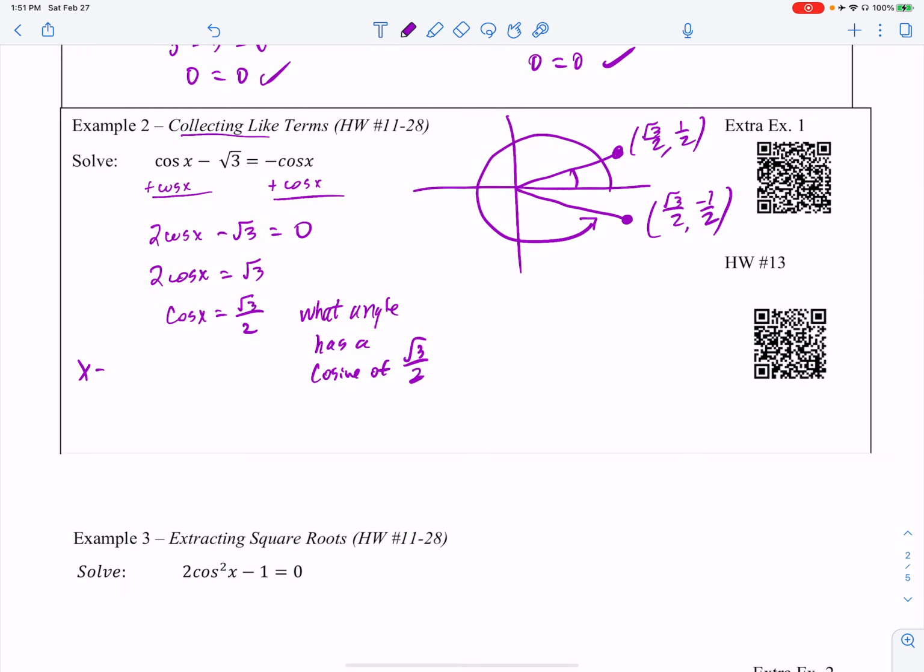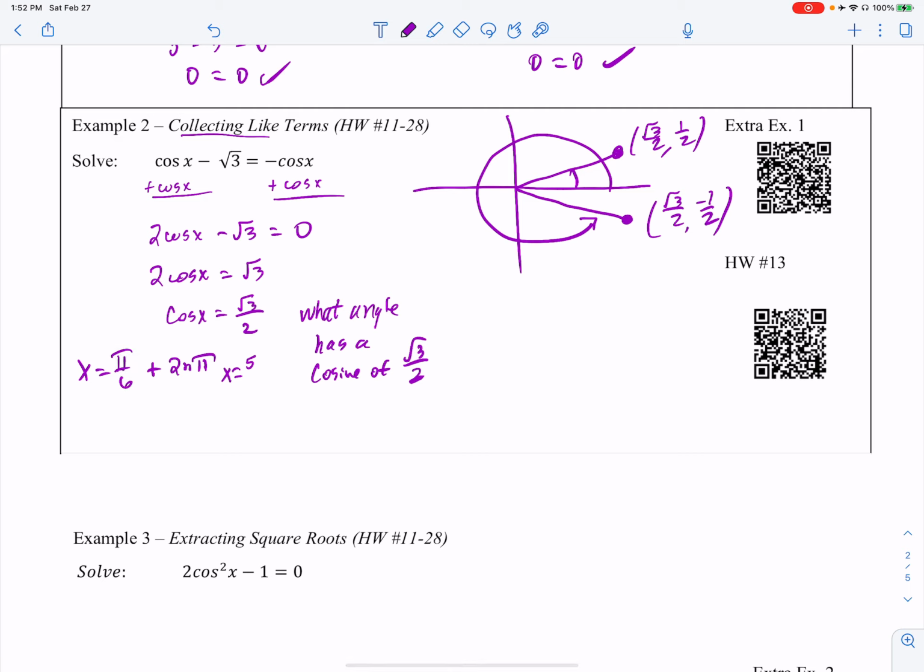So we are going to write x equals, but then every full rotation, you're going to get an angle coterminal with it. Oh, I just wrote root 3 over 2. I'm so sorry.